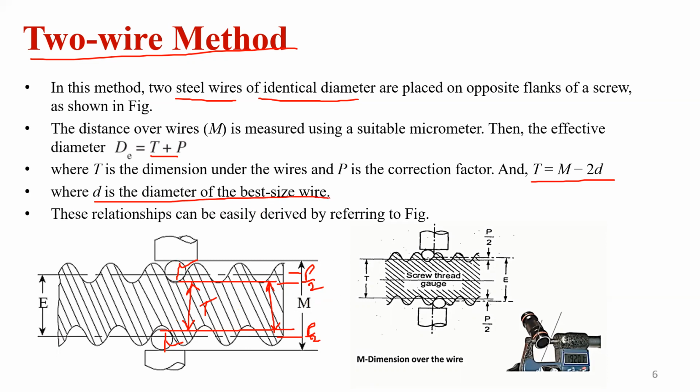Here d is equal to the diameter of the best wire, and the effective diameter E is equal to T plus P. Effective diameter E is equal to T plus P, where P is the distance between the effective diameter and the dimension under the wires.